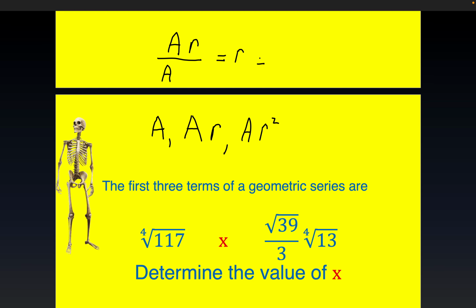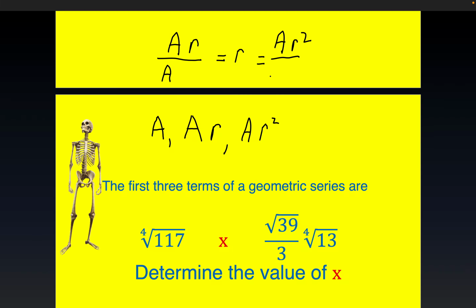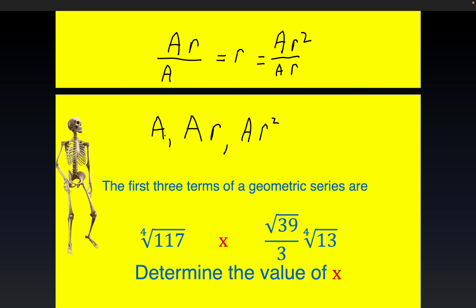So we have ar squared over ar, and that's literally why it's called the common ratio. The next term would be ar cubed with a similar set of circumstances. So r is the common ratio because it's the ratio of successive terms.